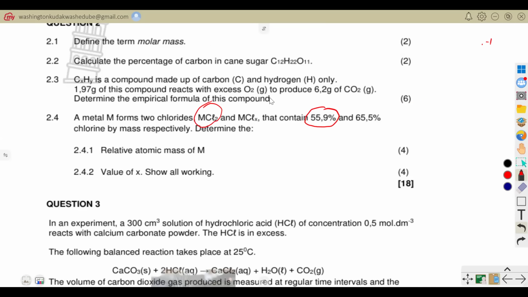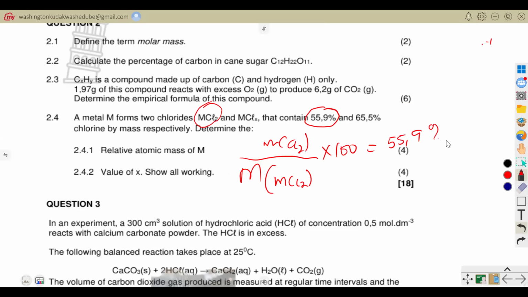They said chlorine by mass, so you can see that these percentages are for chlorine by mass. So it simply says that the total mass of chlorine that I have in my compound, divided by the total mass of the whole compound, times 100 is supposed to be equal to 55.9%.